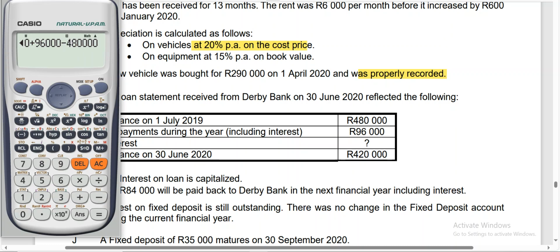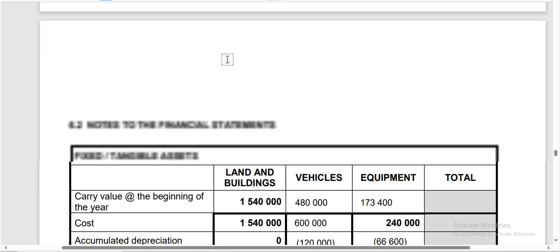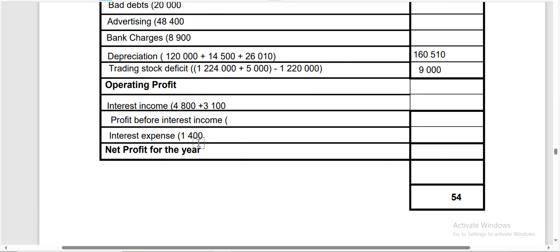Then it's going to give us the interest. So our interest, according to here, is 36,000. This 36,000 must be recorded in the income statement under interest expense. So it will be 1.4 and then plus 36,000.